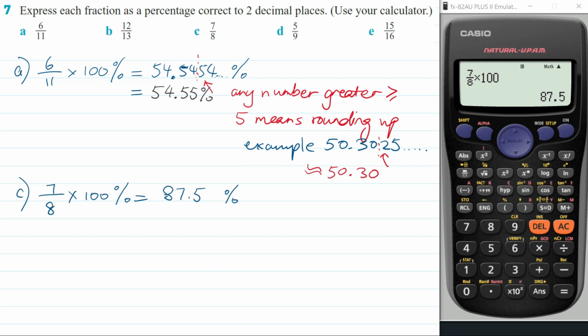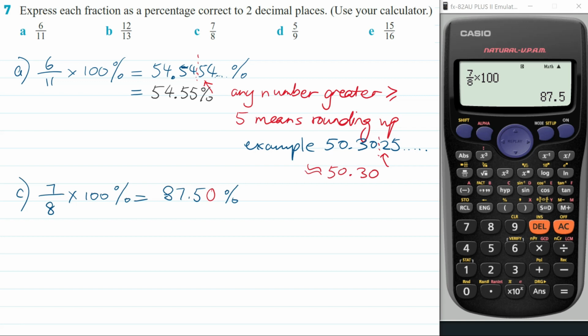Do we need to round anything off in this answer? The answer is no, because we actually have less decimal places than is specified by the question. So we've only got one digit in the decimal region. So that's actually one decimal place. But if you really want to write your answer to 2 decimal places, you can just add an extra 0 at the end to make it 2 decimal places.